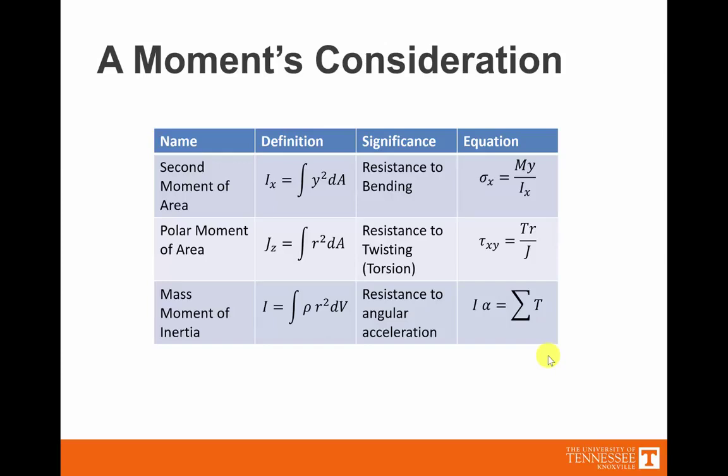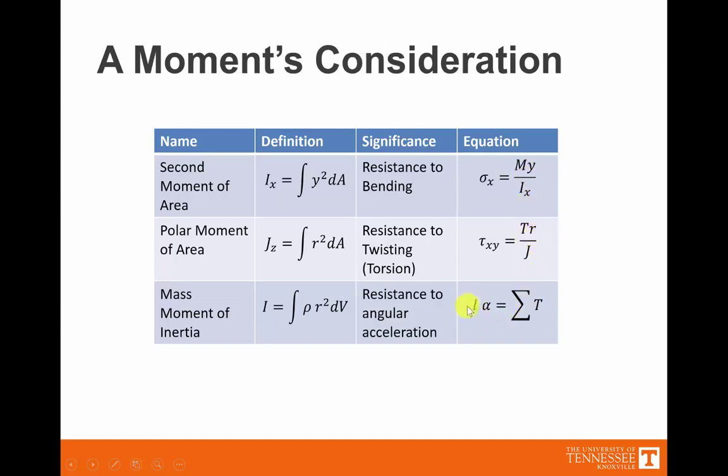The third one is the one that most people get confused with. This is a massed moment. It's a little bit less clear to describe what it's doing, but the best way to think about it is its resistance to angular acceleration. In both of these equations, you can see that I is in the denominator. So the bigger I is, the more resistance the material has to a moment, and the more resistance it has to torsion.